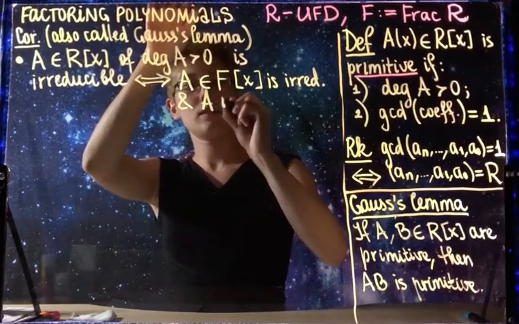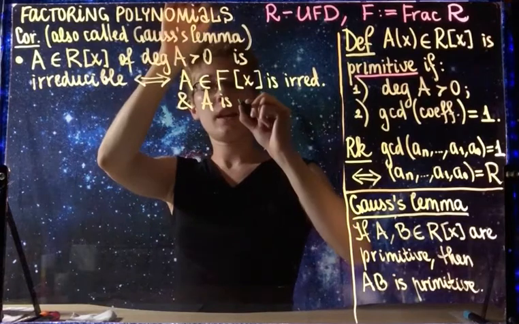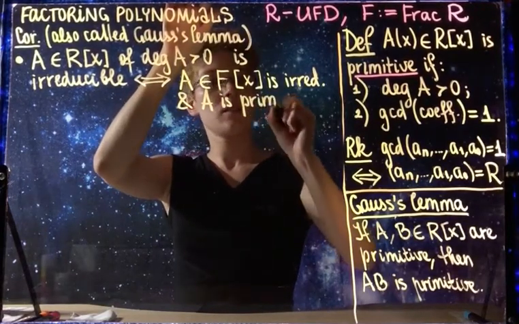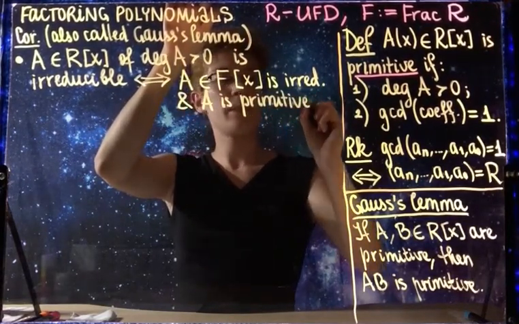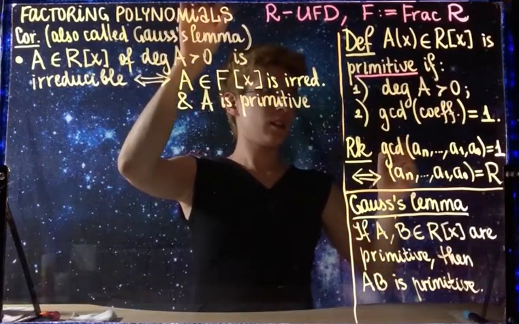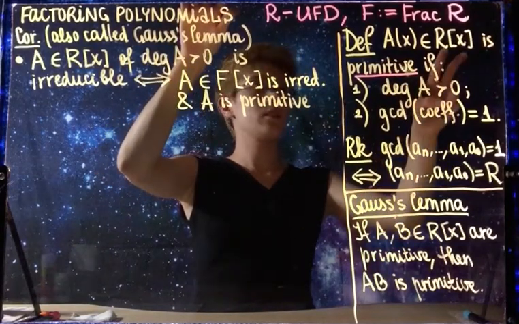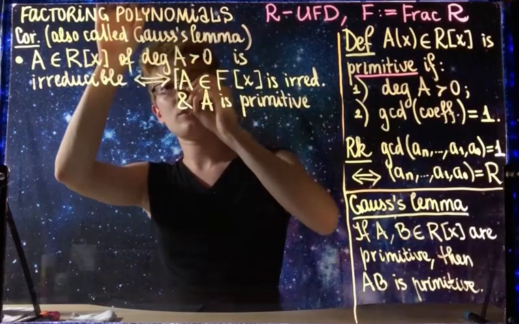And A is primitive in R adjoint X. So these two conditions.